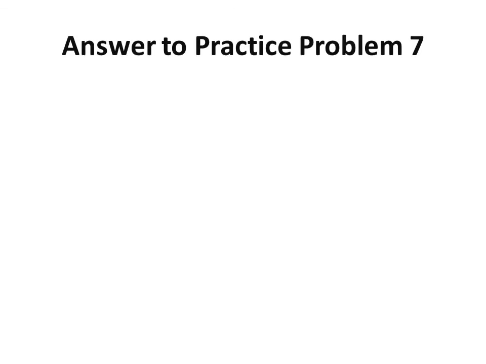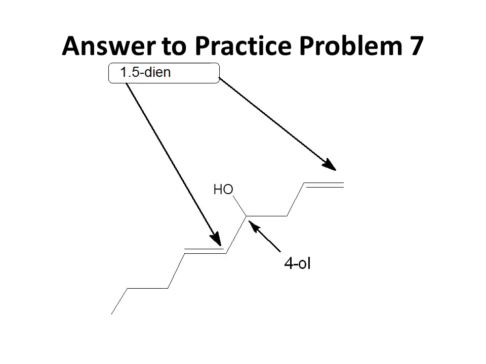Answer to practice problem 7. Alright, now just as I described, you want to put in the ol and the enes first, along with the carbon chain length, which is 9. So we have a 1,5-diene, so that means we have to put the carbon-carbon double bonds at positions 1 and 5. We have a 4-ol, so the OH group comes at position 4.